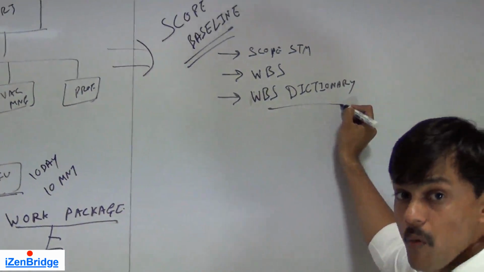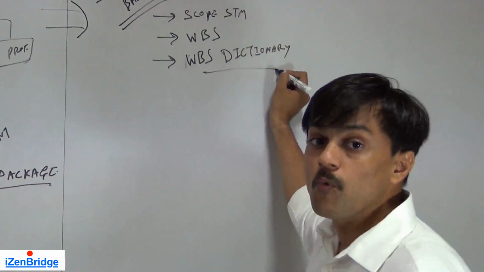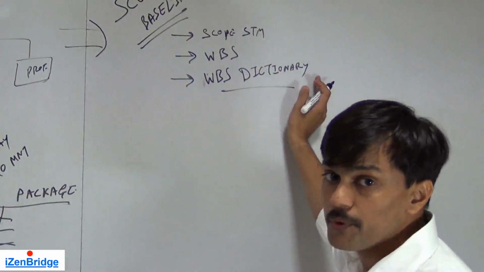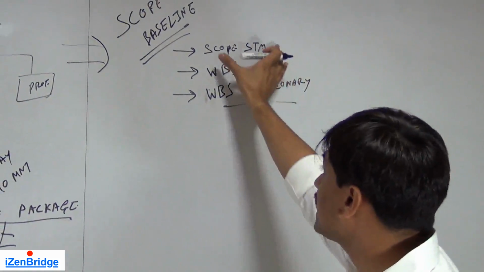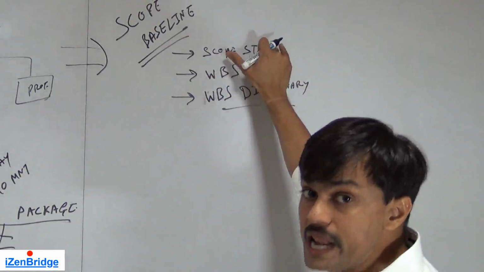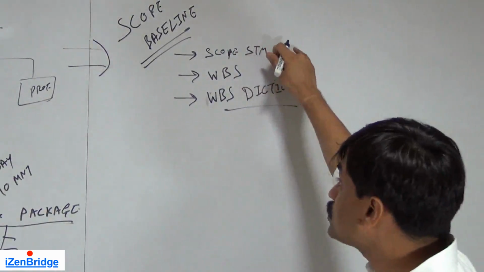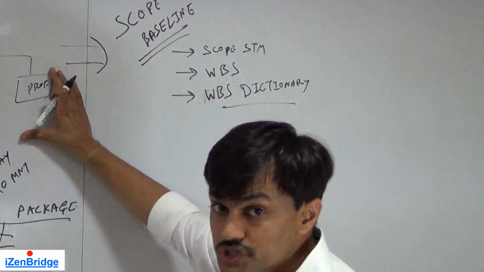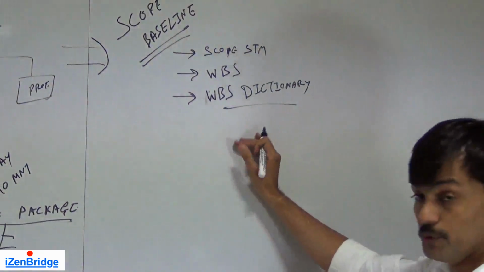These are the three components which form the scope baseline. And from an exam point of view, we should be very clear that the scope baseline is not only the scope statement, but it also includes the work breakdown structure and the WBS dictionary.